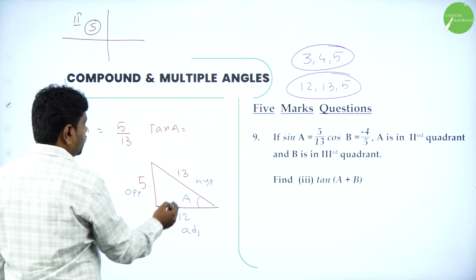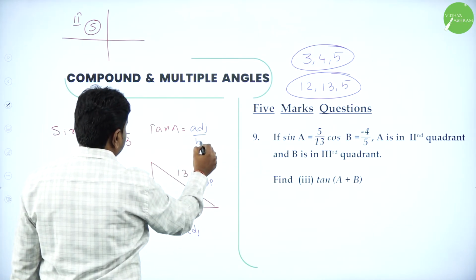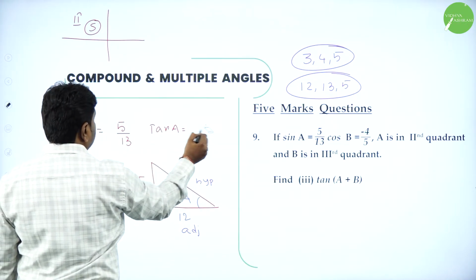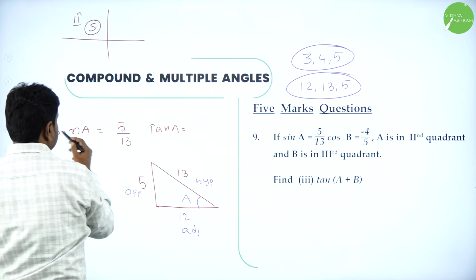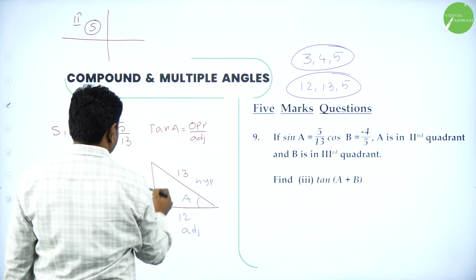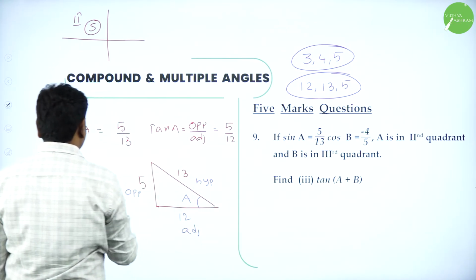Now tan means what? Adjacent by opposite, sorry. What is tan theta? Opposite by adjacent. So the opposite is 5, adjacent 12, 5 by 12. So you got tan A.